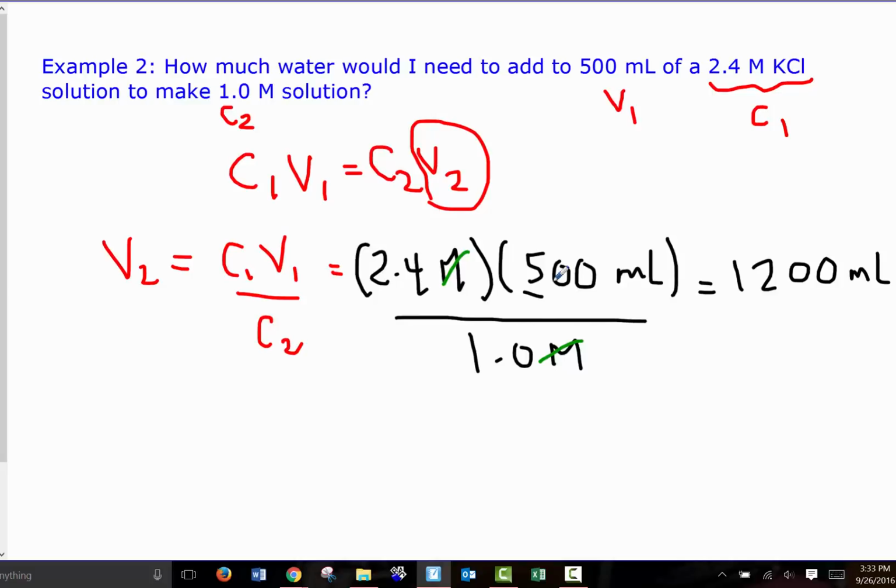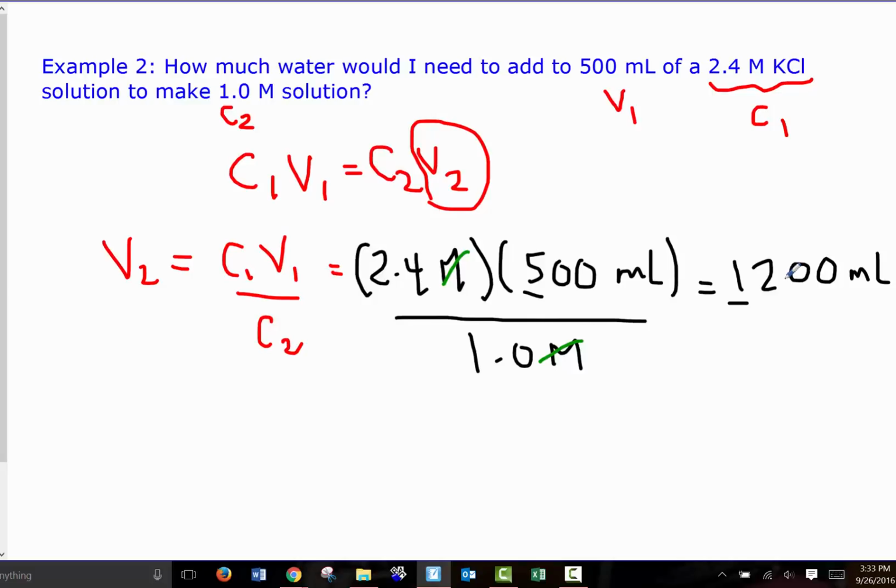So technically I should be allowed to have 1 sig fig in my answer. I could underline the 1, but I'm not going to round it down to 1,000 mL at this point, because I'm not finished and I don't ever want to round until my very last step. Keep track of my sig figs, but don't round until I'm done.